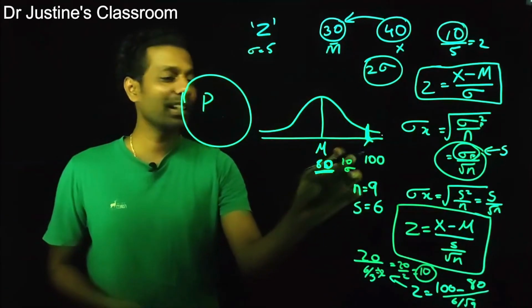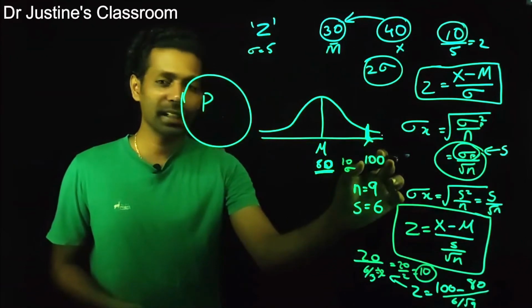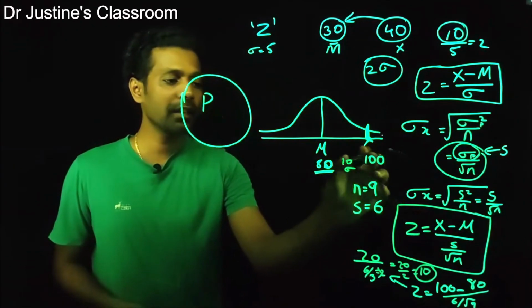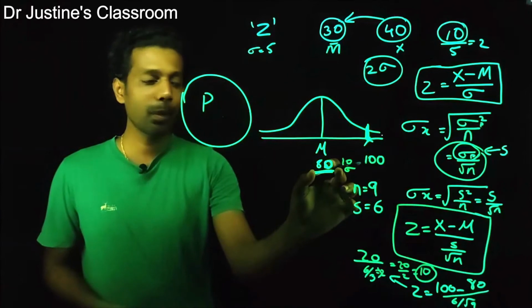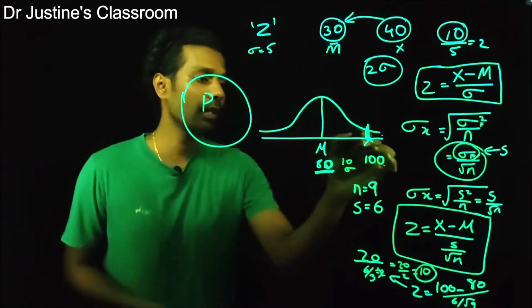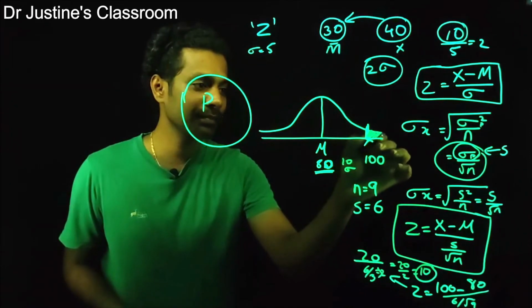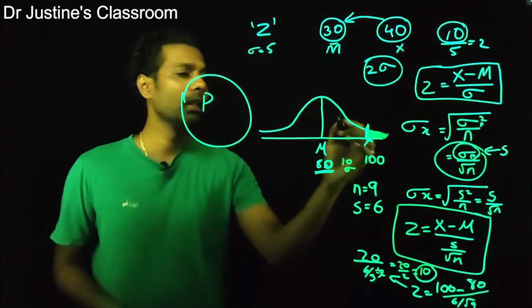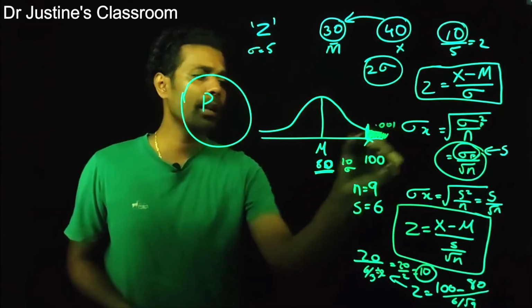See that? So I get how much the existing value of the sample is deviated from the population mean. That's what I'm going to do. So what's the benefit of knowing this? I can understand the chance to get a value like this. Just assume this value is 0.001.